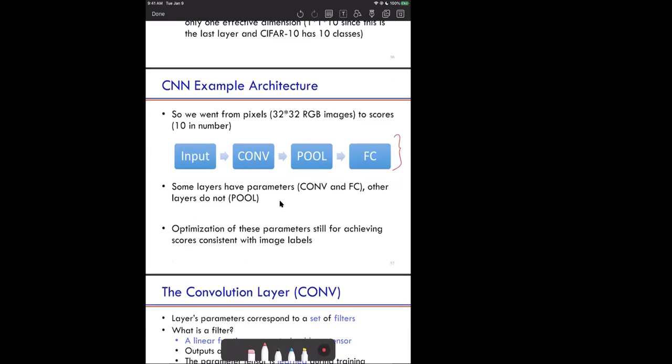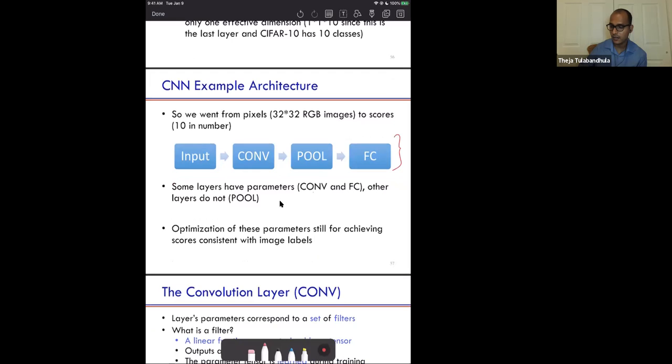We will see that some layers have parameters and some layers don't. The conv layer has parameters, and I'm going to describe the details of the conv layer pretty soon. Fully connected layers, we already saw the parameters. Remember, the number of scores we were producing was 10. Because the fully connected layer is at the end, there's going to be 10 neurons, because I only have to produce 10 numbers.